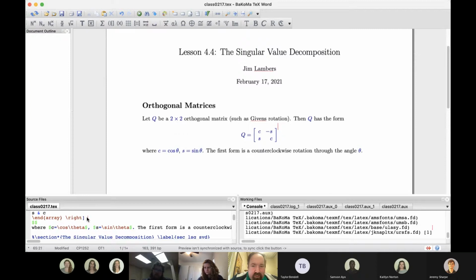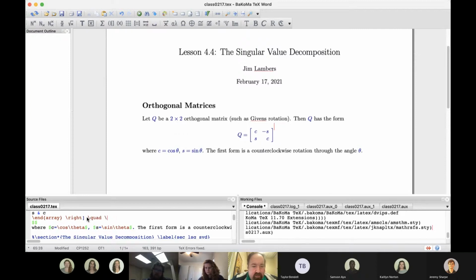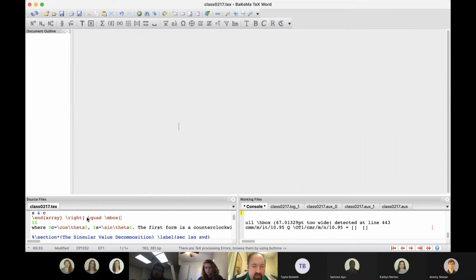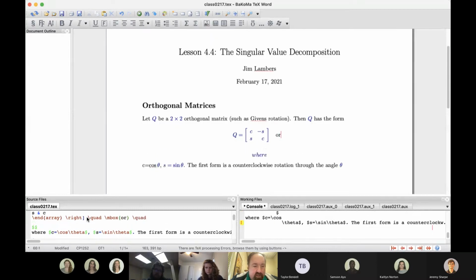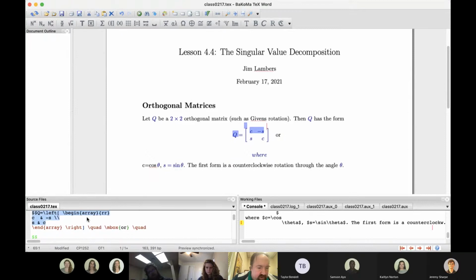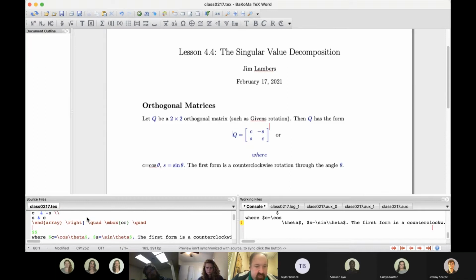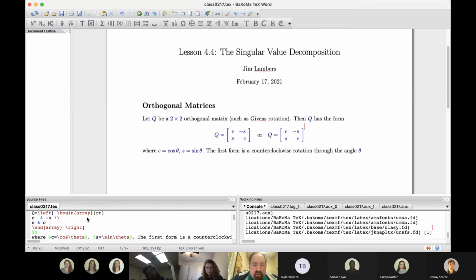The other possibility is very similar. All I do is negate the second column.